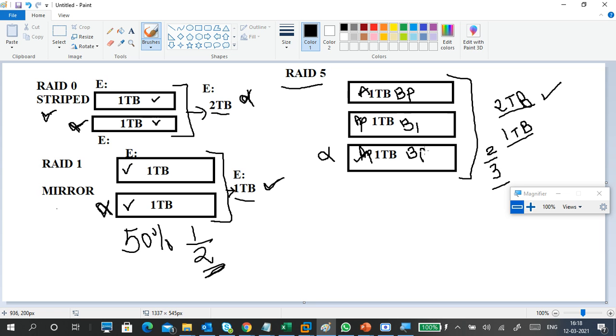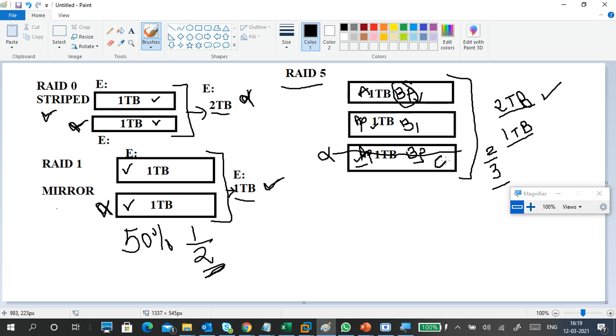So if any disk fails, no problem. We can regenerate the data using parities. For example, if this disk fails, A parity and B parity bits are lost, but B parity is there, and here A parity is there. Using that, we can regenerate the data here.